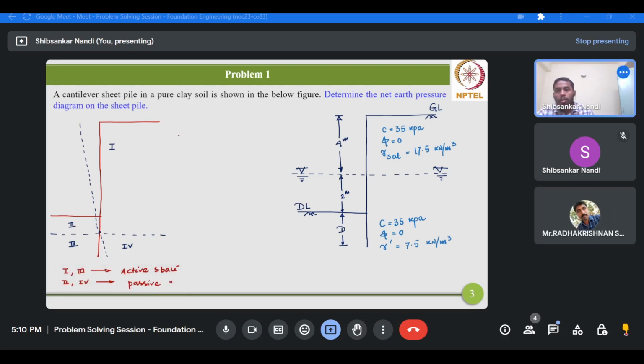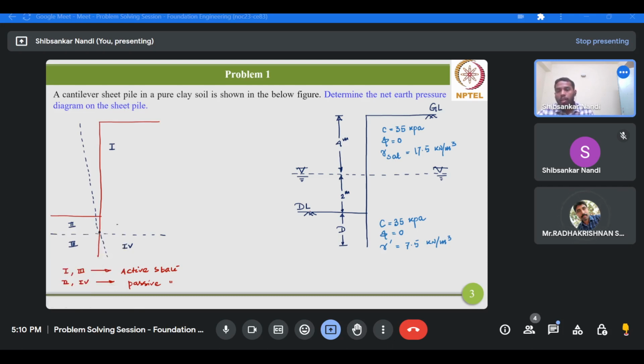Considering these active and passive conditions, we can easily draw the individual earth pressure distribution associated with each region. Depending on that, we can easily draw the net earth pressure diagram.